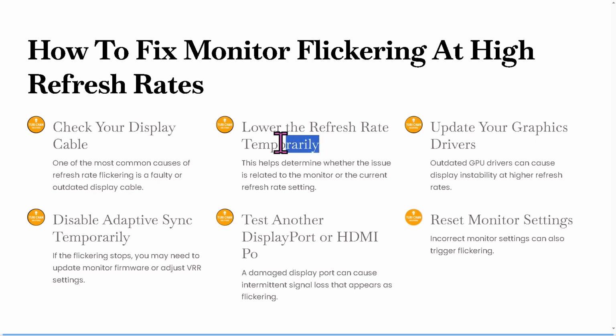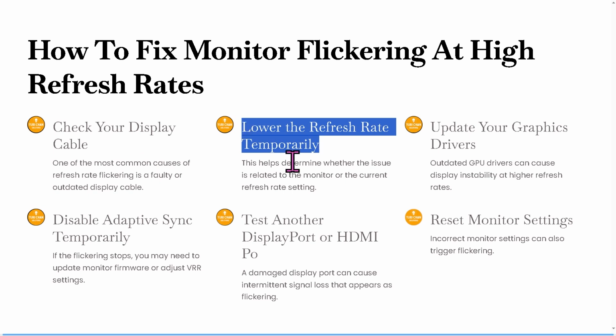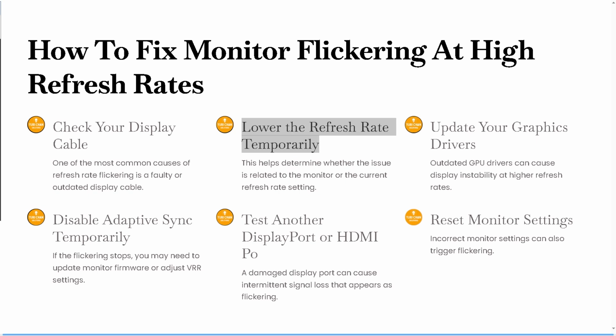Another option that you can look into is to lower the refresh rate temporarily. Now, this helps determine whether the issue is related to the monitor or the current refresh rate settings. On Windows, right-click on your desktop, select Display settings, and then click Advanced display. Once you've done that, open the refresh rate drop-down menu and switch to a lower refresh rate.